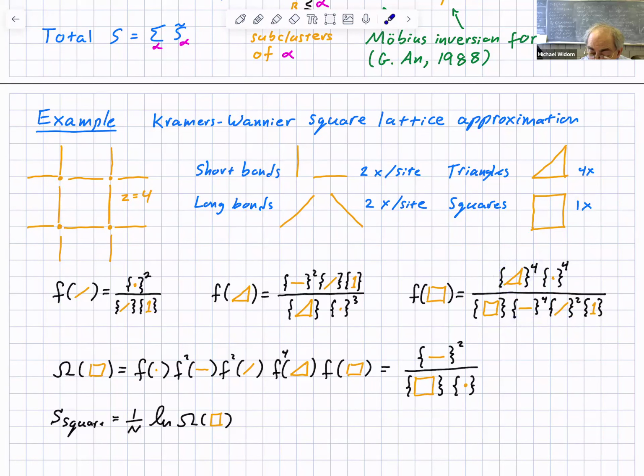And then we have to correct for all the points, and we have to make sure the units are correct. And then we write down the omega for the square, which is a product of all of these things raised to the appropriate powers. And then we end up with this nice compact formula. And finally, this is the entropy for a square.